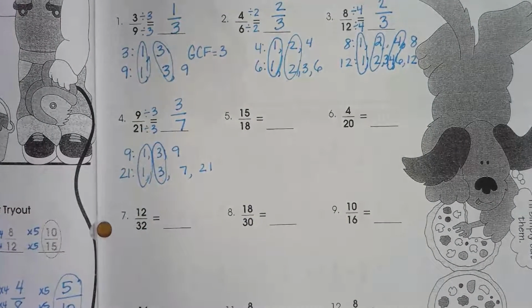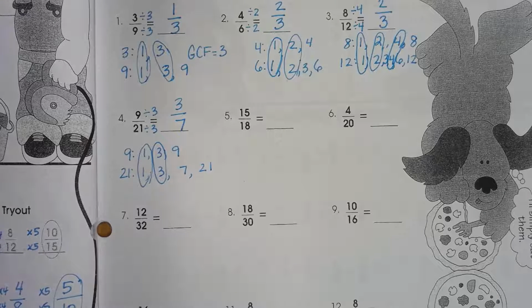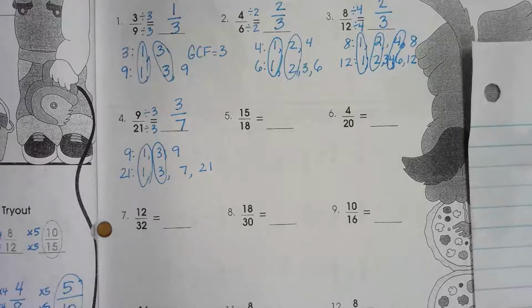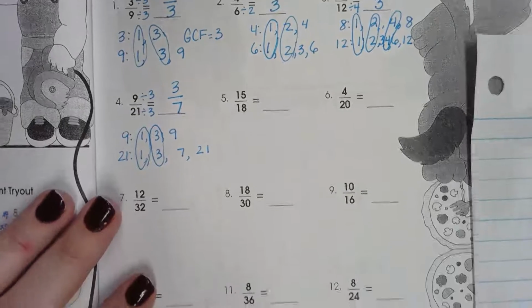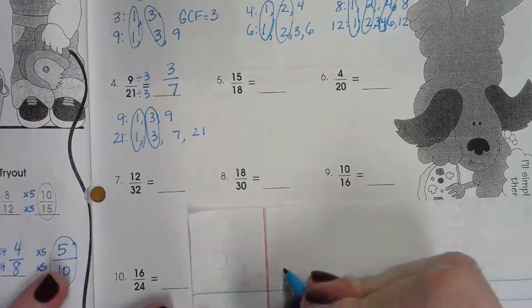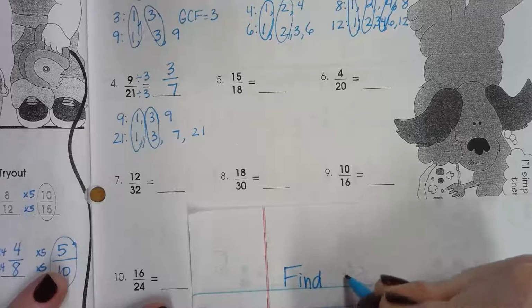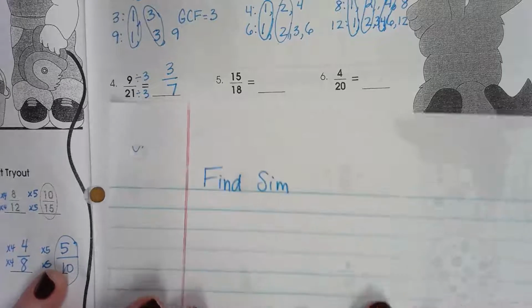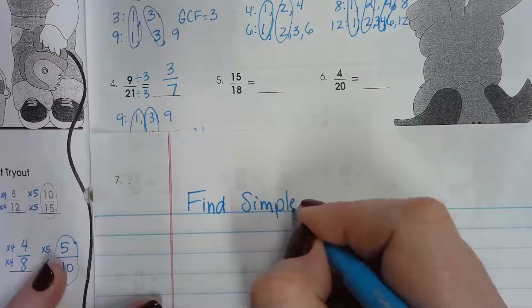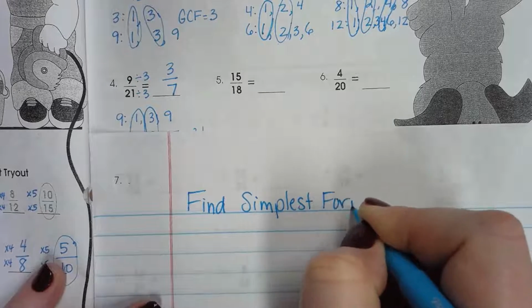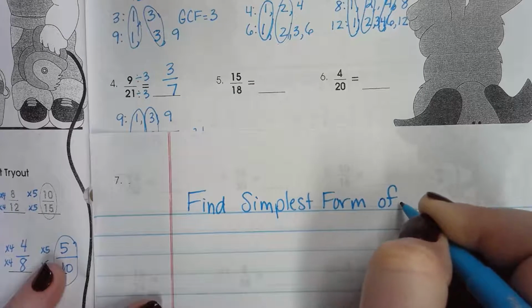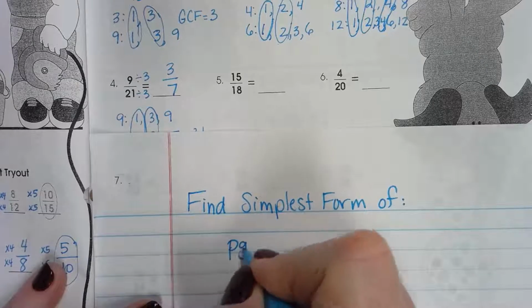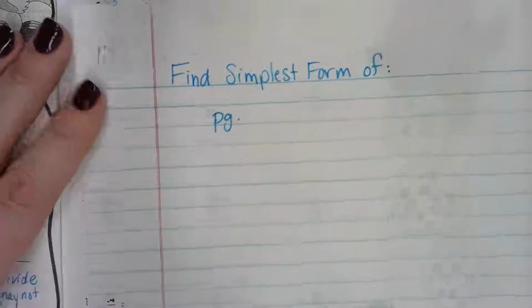Okay. What I would like you to do today is I want you to try a couple of these on your own. I want you to get lined paper out, okay? And you're going to use the greatest common factor to find simplest form. So let's find a simplest form of page, what page is that? 15, okay, of page 15.